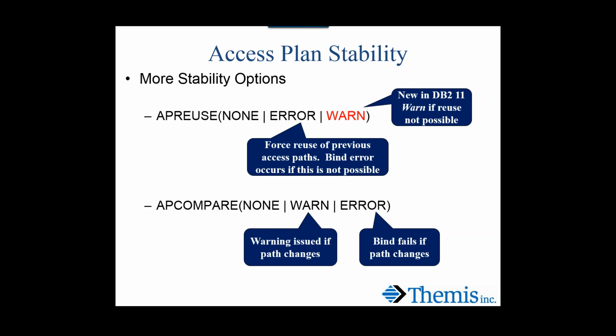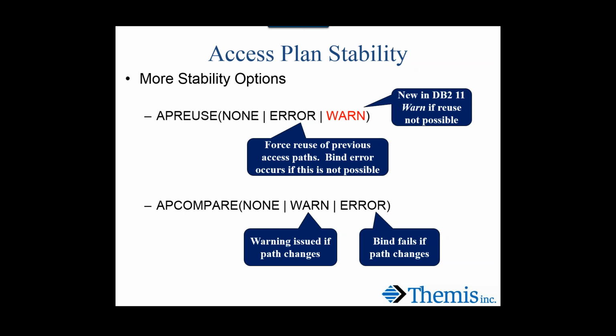Okay, so that's another advantage for this AP reuse warn, is that it's going to allow some access path change that really can't possibly be bad. However, it won't if DB2 could use a different index now that you have your predicates as stage 1. It's not going to pick up that different index if you use AP reuse.